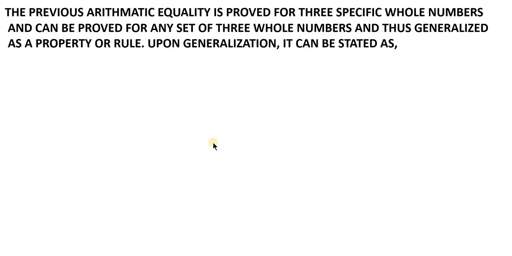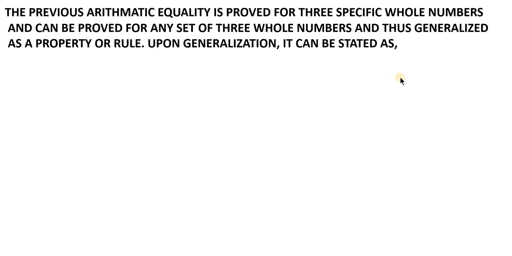So now the previous arithmetic equality is proved for 3 specific whole numbers and can be proved for any set of 3 whole numbers, and thus generalized as a property or rule. Upon generalization, we were taking specific numbers; now we will take any 3 numbers A, B, C and write it.